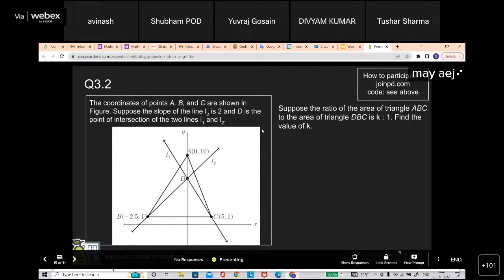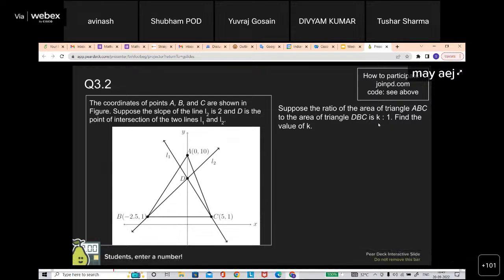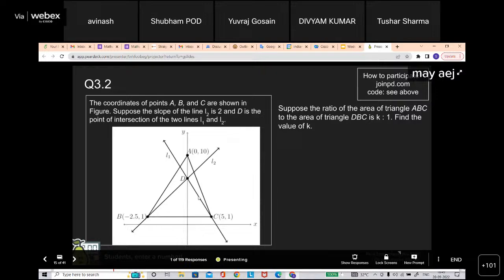The new thing is, suppose the ratio of the areas of triangle ABC, the bigger one, and triangle BDC, the smaller one, is k:1. So find the value of k.